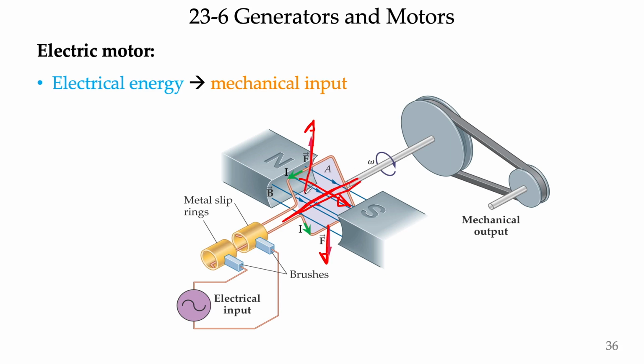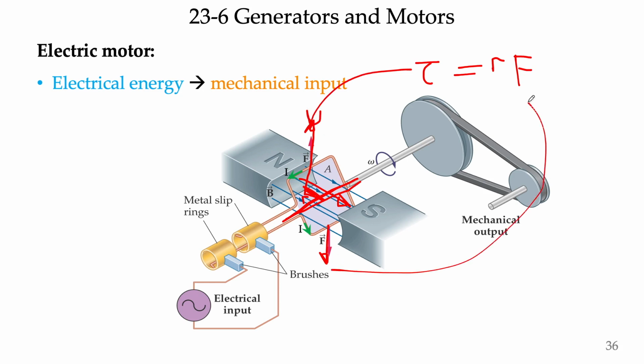So this is the force, this is the distance, let me call it r. There's going to be some torque, and it will be r times F. So this is the torque from this force, and also this force will create some torque just like this. Torque is basically a rotational force, and ultimately it will rotate this thing.